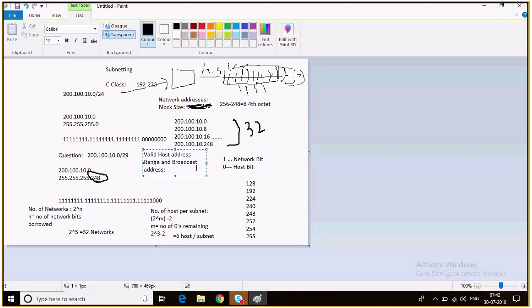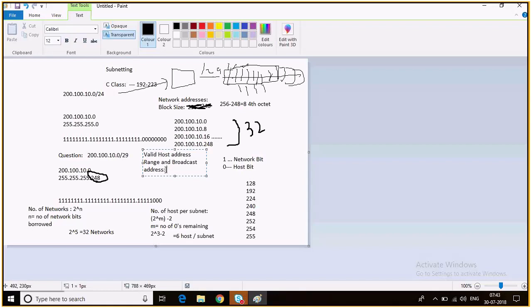Now, from this /29 I have got 32 networks. For each network I'll have a valid host range, from which IP to which IP address I can give valid hosts for a particular network. So I'll select one particular network.